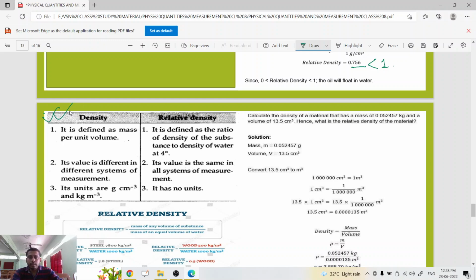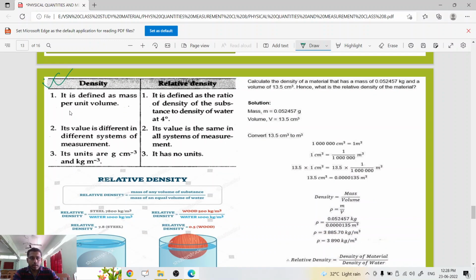Here you can see we already discussed the two quantities, first one density and second one relative density. Density is defined as the mass per unit volume, and relative density is defined as the ratio of the density of the substance to the density of water at 4 degree.